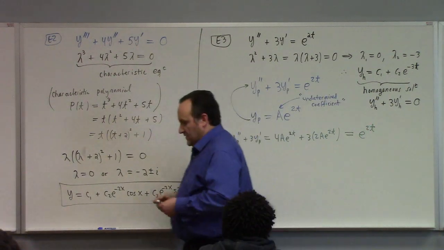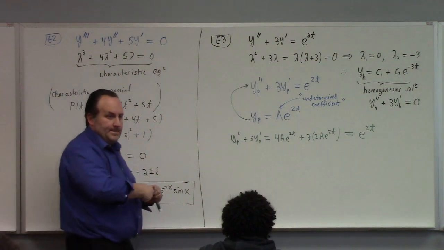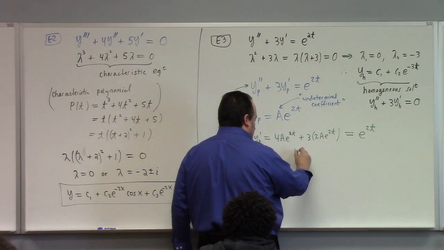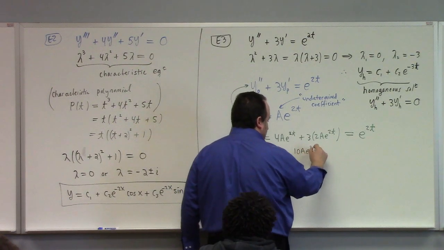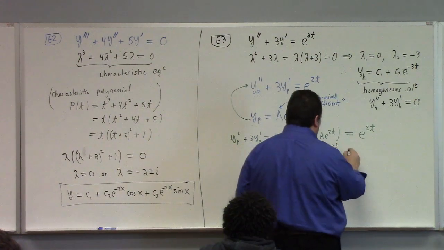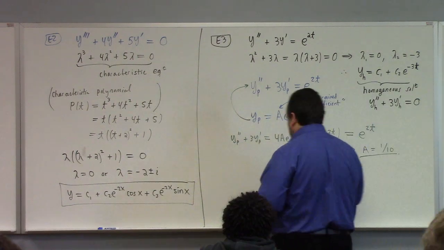Can we solve this equation? Does it work? We got 10a e to the 2t equals e to the 2t. Let's cancel the e to the 2t's. We get a equals 1/10.